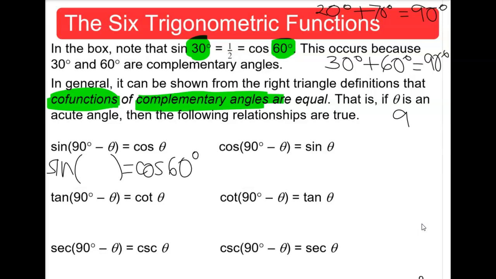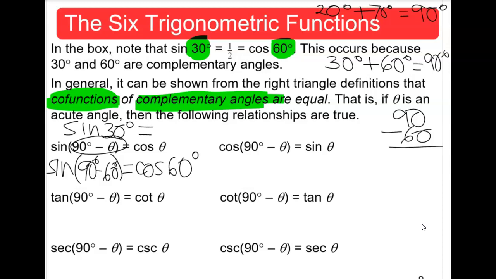Well, we know it will be 90 minus 60, and that is why we use this here, 90 minus 60. And of course, that will give us sine of 30 is equal to the cosine of 60, just like we have it written here. And for those two, it is 1/2.